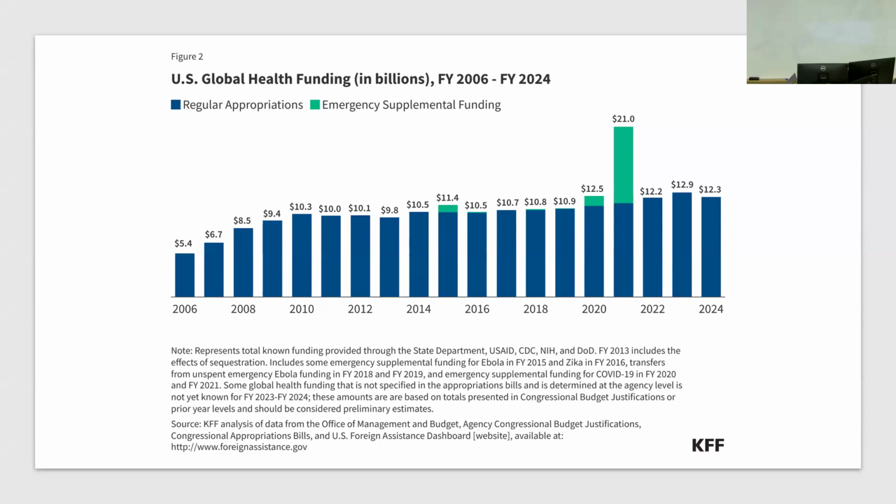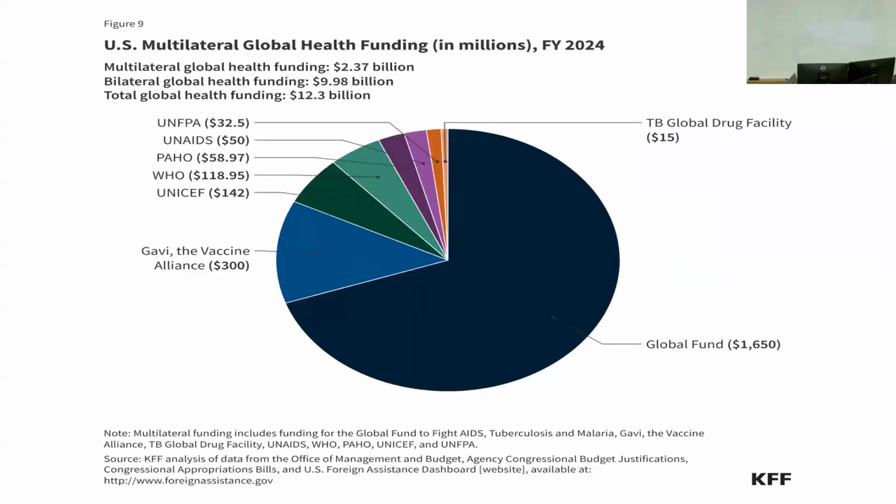Okay. 2021 was a blip. The U.S. pays the most money into multilateral global funds. The Global Fund gets the vast majority of it. You can see Gavi gets some, TB Global Drug Facility, WHO, and these are in millions of dollars.